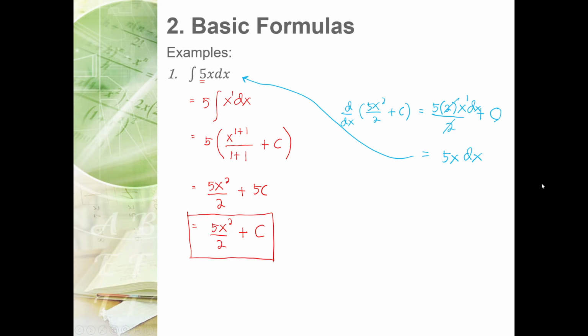So that's how you verify your answer. Again, I suggest that you don't do this once we go to the later topics, of course, if we'll be dealing with advanced functions such as your inverse, hyperbolic, and exponential functions. Those need high-end differentiation techniques.